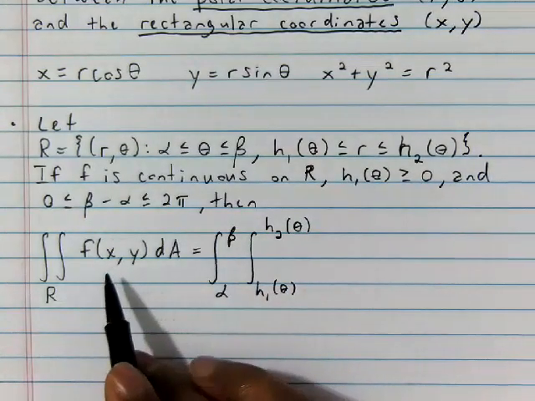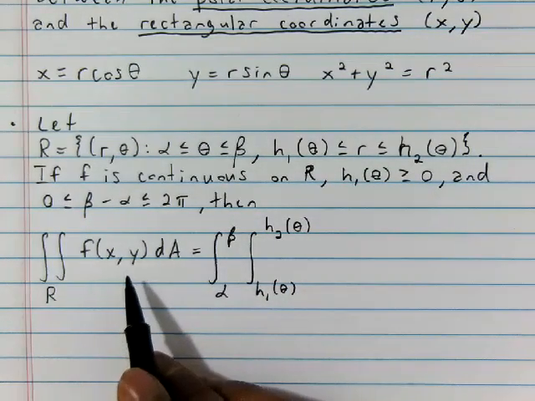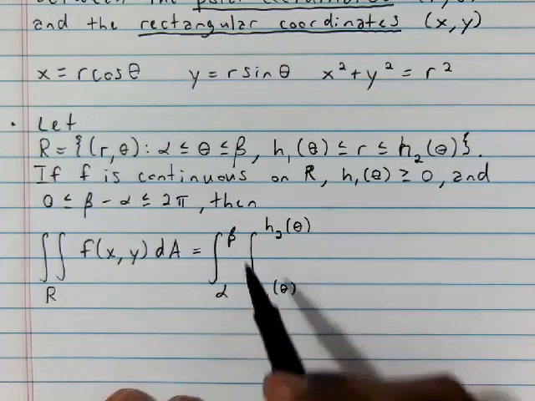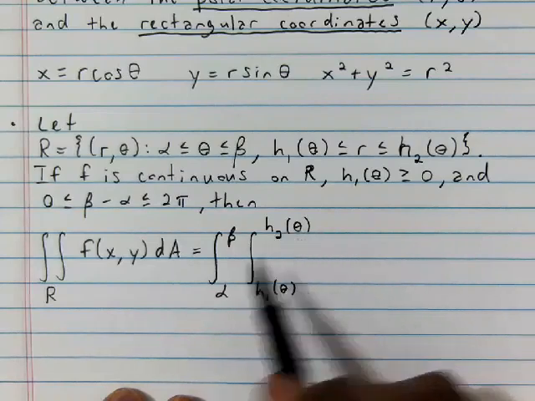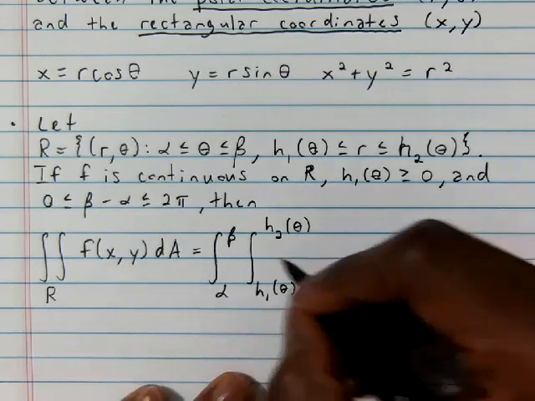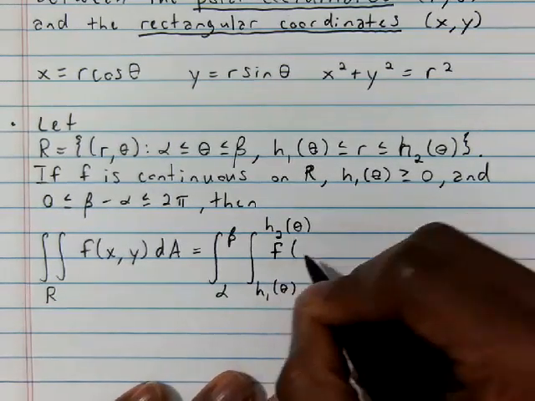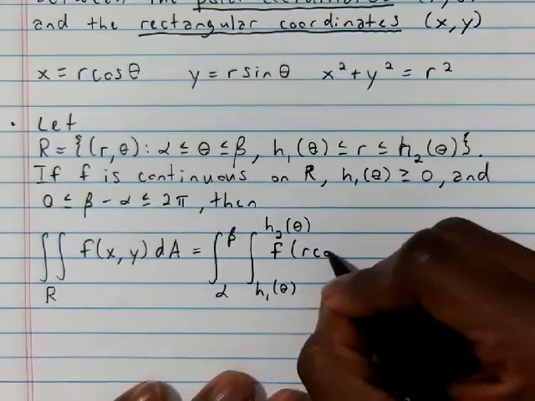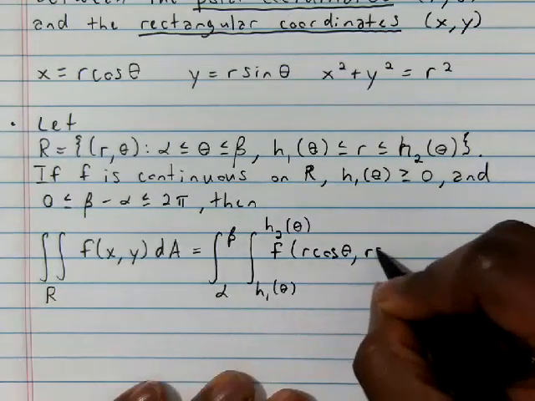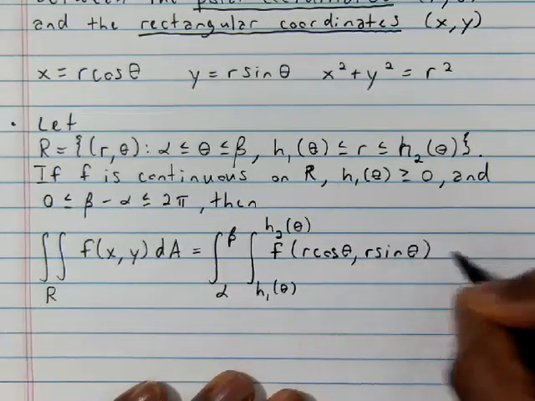Now, the function f of x y was written in rectangular coordinates, but we're switching to polar coordinates. So if our bounds are in terms of r and theta, we shouldn't have x's and y's in here. So f of x, which is now r cosine theta, and y is r sine theta.